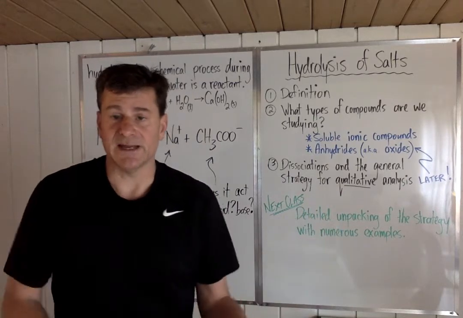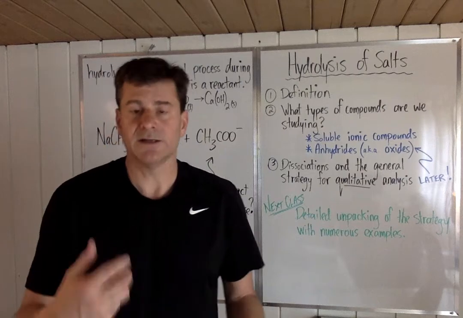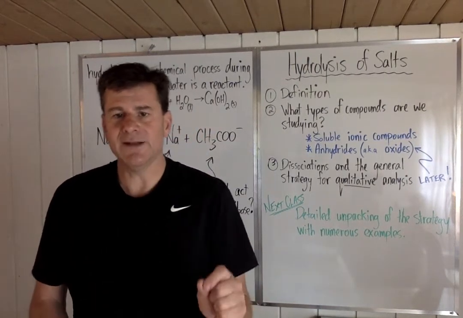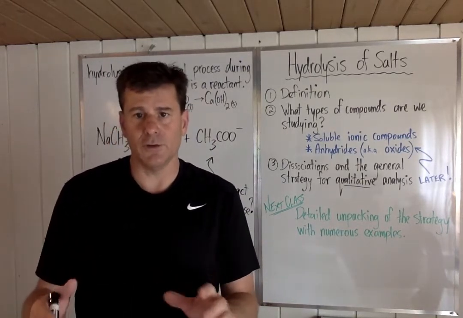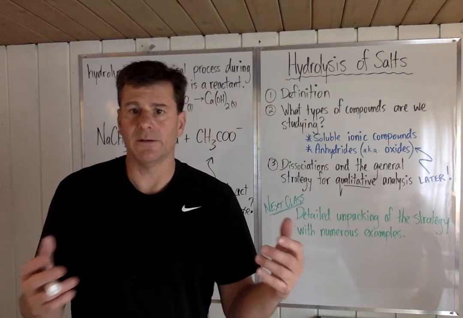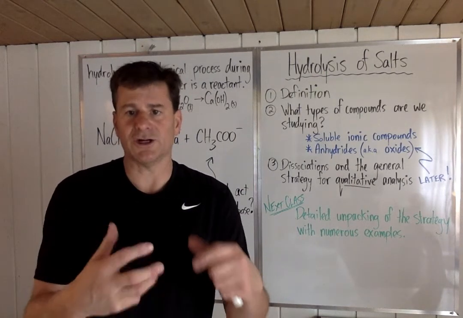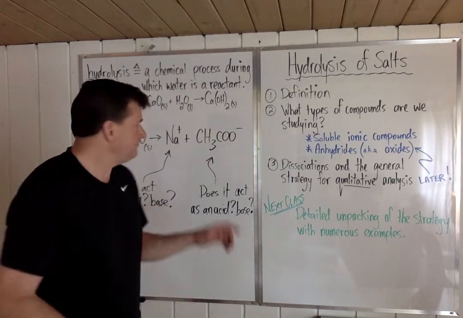So then we move on to the other one. We move on to acetate, and we ask the very same questions. Does it act as an acid? Meaning, does it have a donatable H? It doesn't have a donatable H. If you recall, and if you don't quite know this one, go back a couple of episodes, where I was talking about acetate and the structural nature of an acetate, being an organic ion.